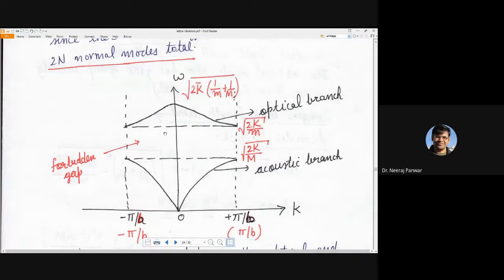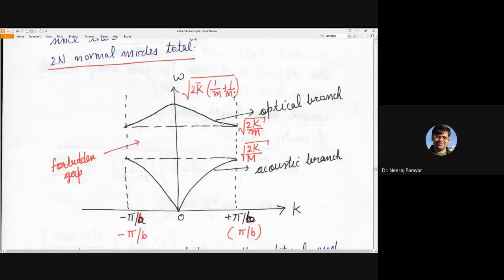So yesterday we were discussing the lattice vibrations of a one-dimensional diatomic chain, and we discussed that if we have two different atoms in the diatomic chain, then we are going to get a dispersion curve like this, in which at the lower frequency we have the acoustic branch, and at the higher frequency the optical branch.